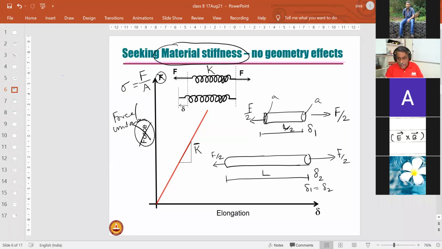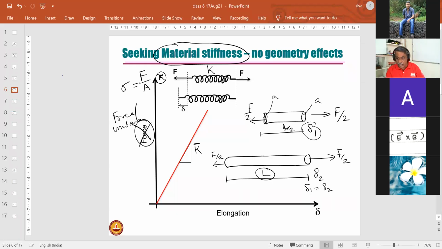So in a way, I can eliminate length out of this elongation so that it is possible for me to have the same elongation per length, so that I extract the material property rather than the elongation per se directly.